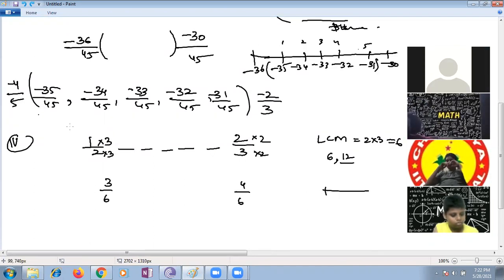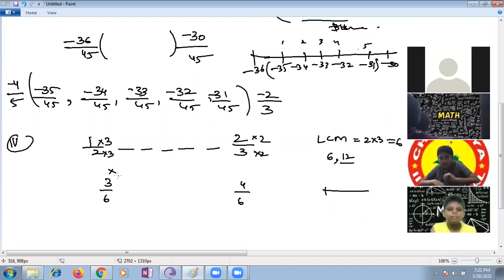See the second number here, 4 by 6. So we are having only in between. Directly you can raise it. If you want 5 rational numbers, suppose I'm taking 6: 2 threes are 6 and 4 twos are 8, only 2. 3 threes are 9, 4 threes are 12, 9 and 3 again you have.